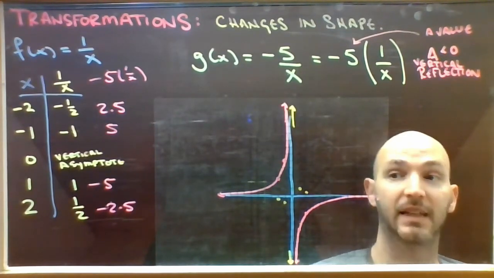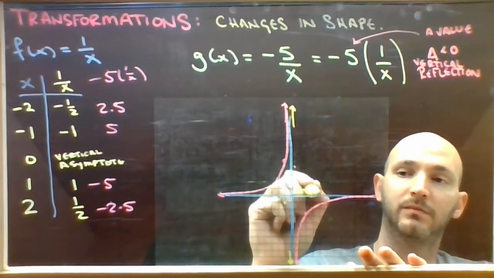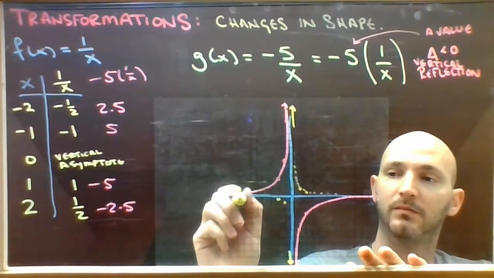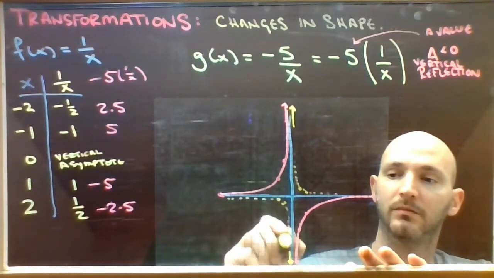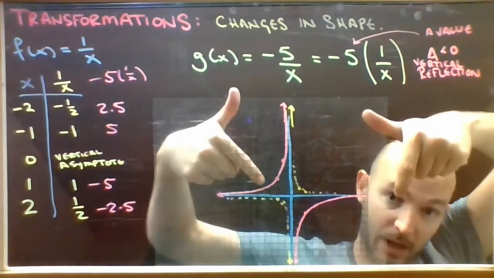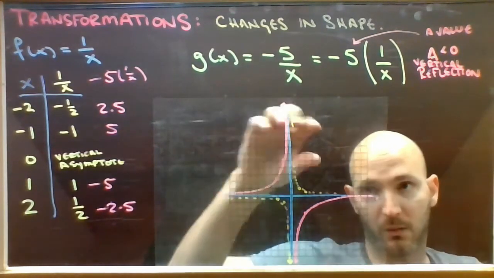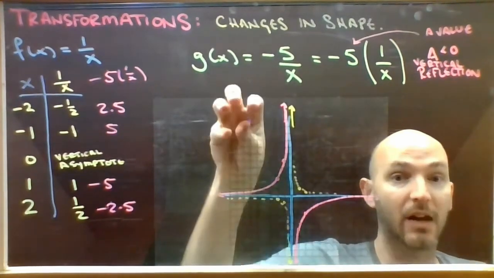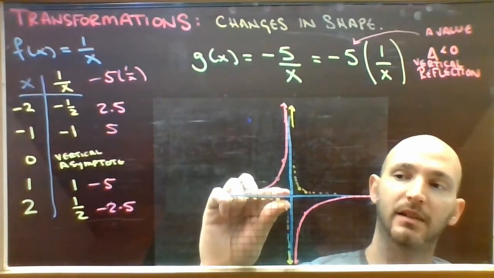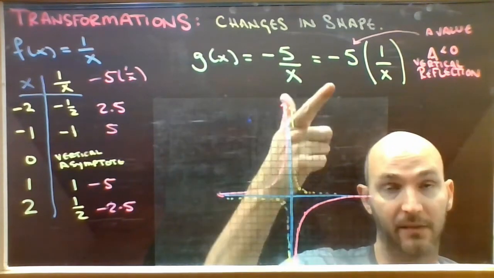So just penciling in the original. Notice that the entire thing has been flipped this way. So there's a reflection. What was up is now down, what was down is now up. And these distances have been made taller because of that factor of 5.